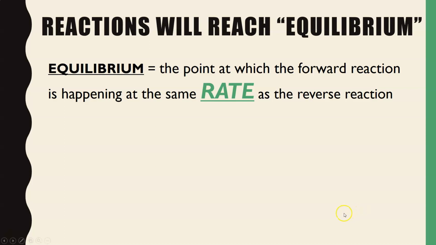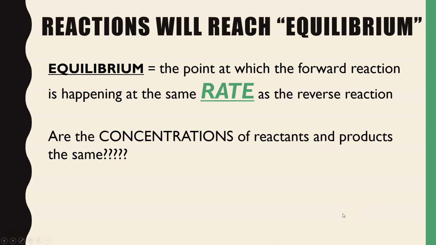That does not mean that the concentrations of the things are the same. Okay? You can have a reactant-favored reaction. You can have a product-favored reaction, where you have more product, right? If it's product-favored, you have more products once you reach this equilibrium point.